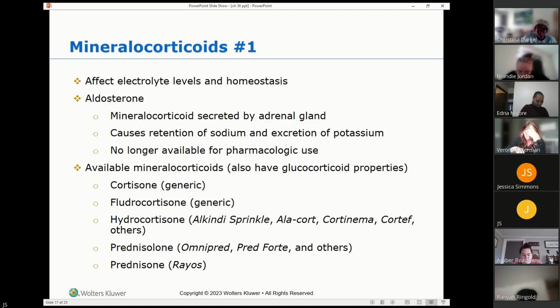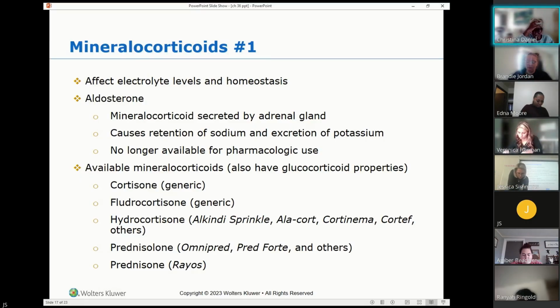Miss Simmons, I have a question. So prednisone is also a glucocorticoid, and then it's also a mineralocorticoid? Right. So remember, they can cross paths.